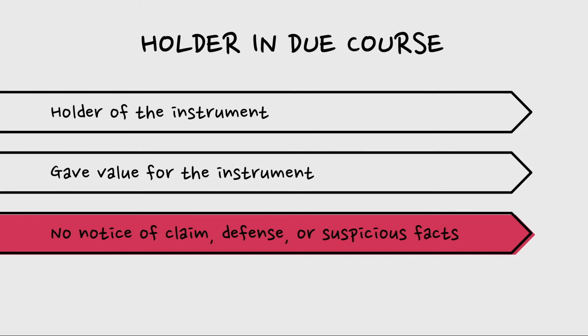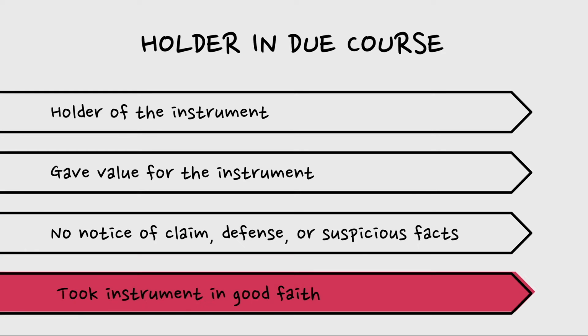And they have no notice of any claim that would relate to that instrument, or any defense to its collection of payment, or any suspicious facts surrounding the instrument and its making. Nothing that would tip them off that maybe this thing isn't what it looks like it is, and maybe it may not actually get paid. And that they took it in good faith.